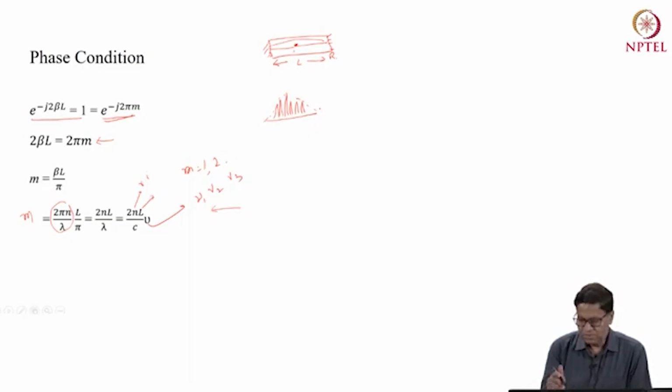This kind of laser, where many such modes are excited because of the dimensions, is called an MLM laser, or multi-longitudinal mode laser.